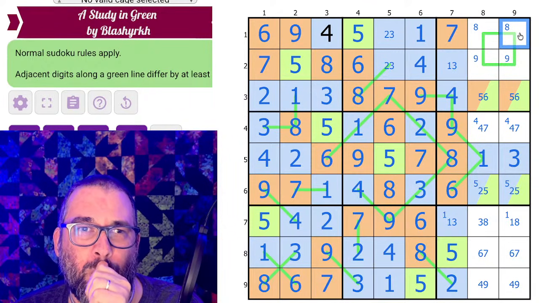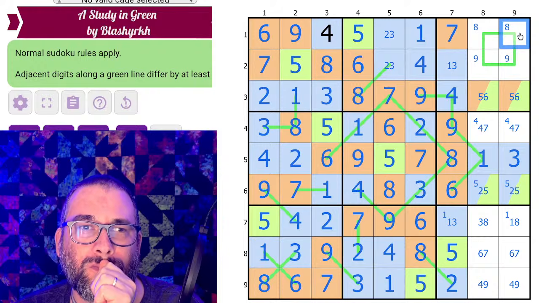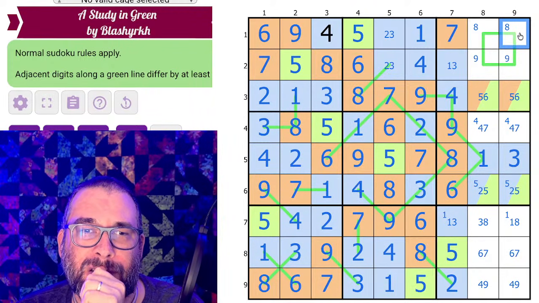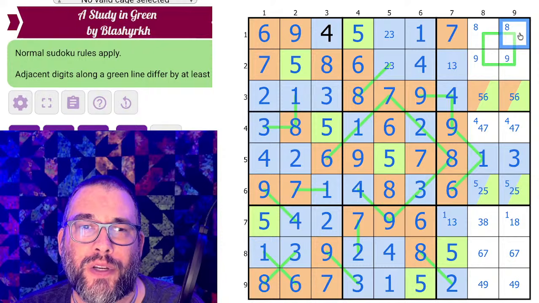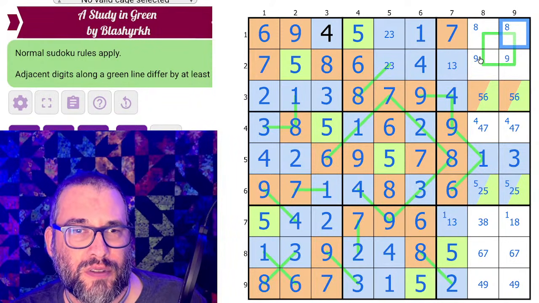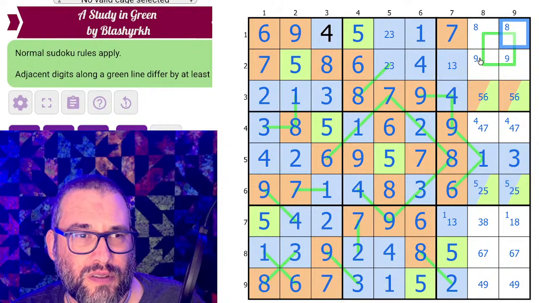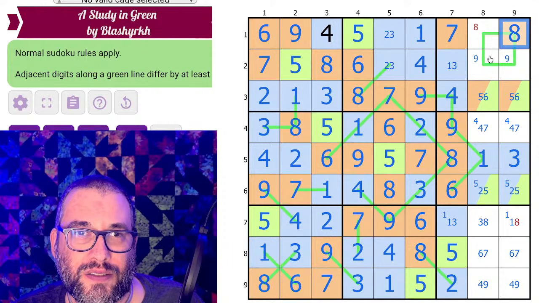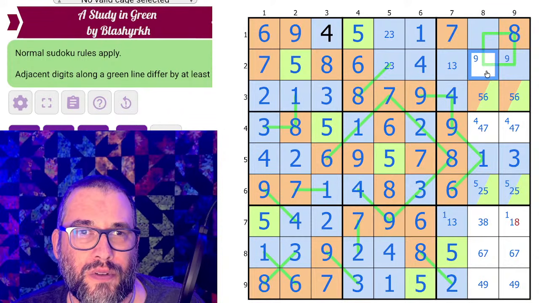Because this can't be 1 or 3. Yeah, if this is low, it's a 2. So that's our 8. That's low. That's low. That's our 9.